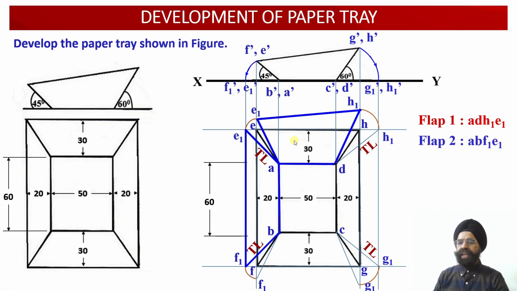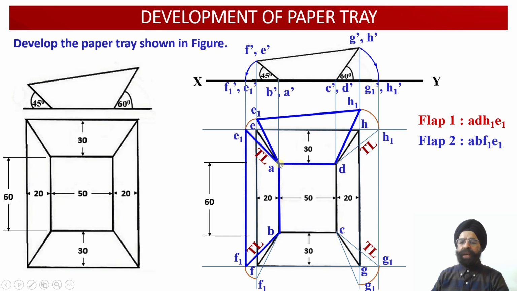Now let us obtain true shape of surface number 2 or flap number 2. So flap number 2 is this one, A, B, F and E over here. This is the second inclined surface of the paper tray, ABFE, and this happens to be the apparent shape.